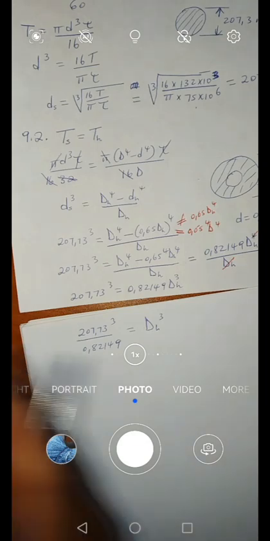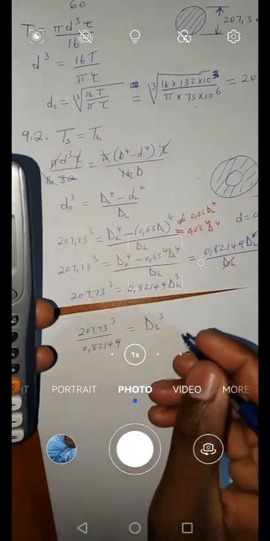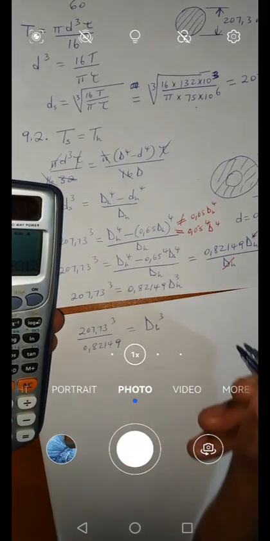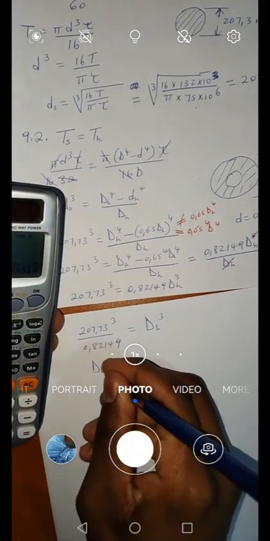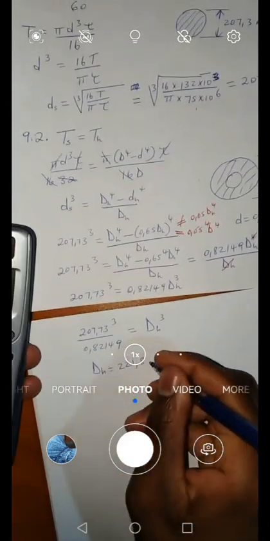So I got this 221. So dh will be equals to 221.8 millimeter.